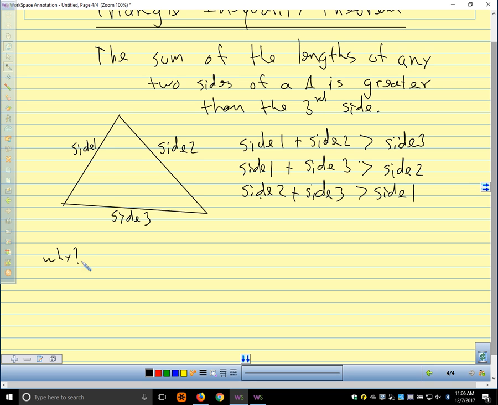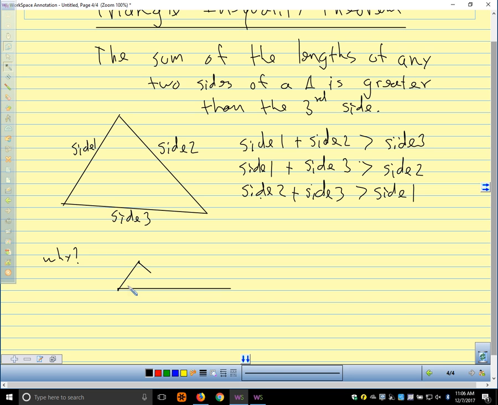Well, I'm going to draw some pictures to talk about why that is the case. I'm going to say that's my third side, and there are the other two sides that we're trying to make a triangle out of. Well, if those two sides don't add up to be longer than that side, they're too short.